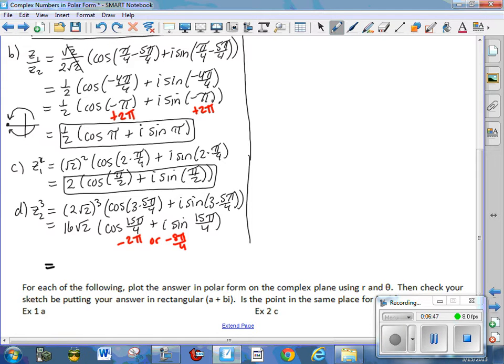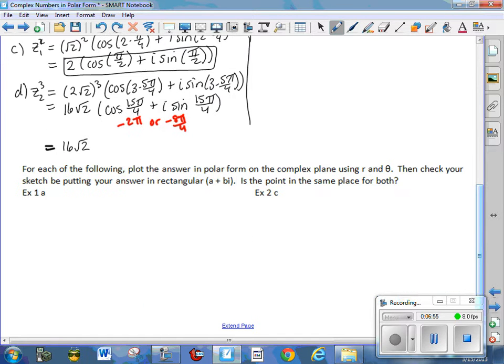So my final answer is going to end up being, back to my skinny one, 16 pi over 2. Let me extend the page a little bit here. 16 pi over 2 times cosine of 15 pi over 4 minus 8 pi over 4, which gives me 7 pi over 4. And that is between 0 and 2 pi, so then I'm good. I sine of 7 pi over 4. So that's my final answer.